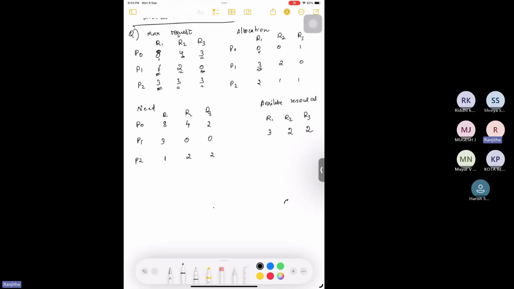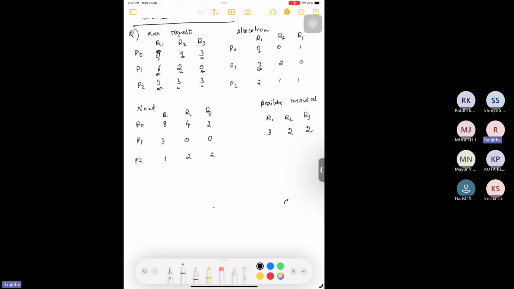Should P0 be given first, followed by P1, followed by P2, or P1, P2, P0, or in which order, if we service these requests, can all the three of them complete their execution? Is such an order possible? Then, okay, the system is not in deadlock. If such a sequence is not possible, then we say the system is in deadlock. Can we find if such a sequence is possible?